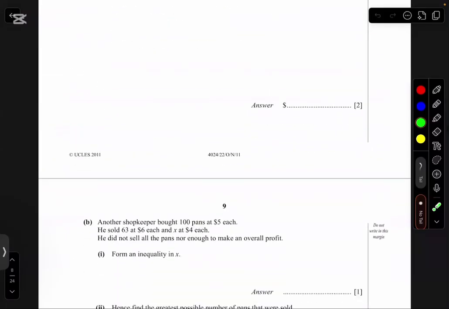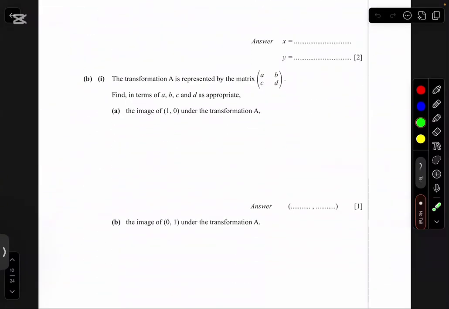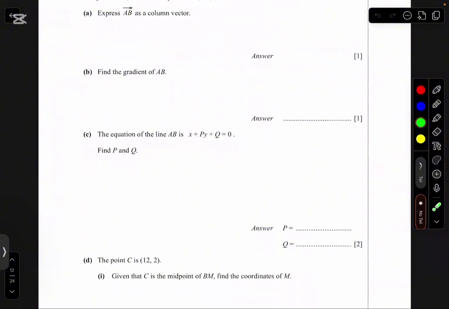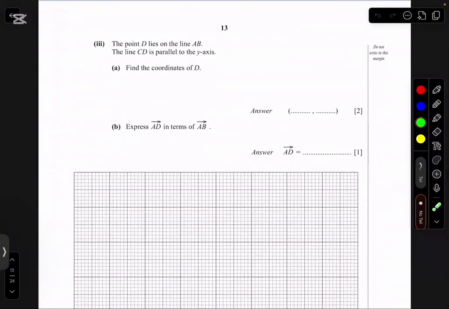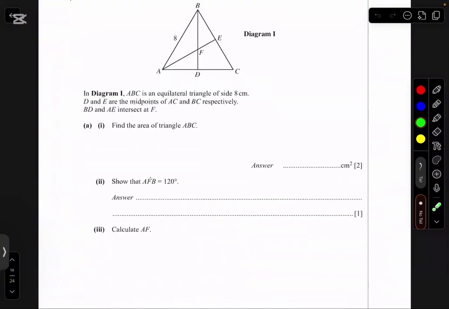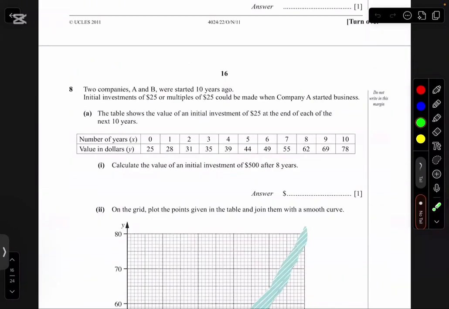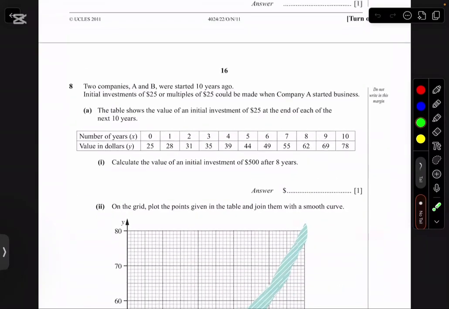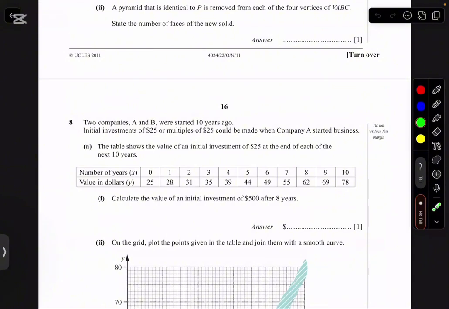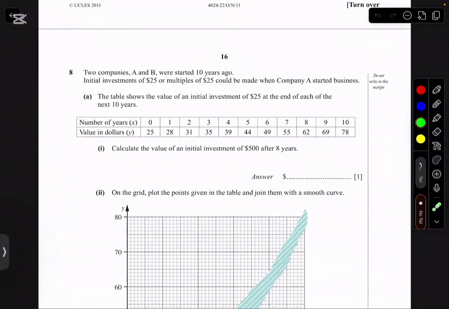It's a heavy, conceptual question, so I would really like everyone to pay attention to solve this one. This is from winter 2011, paper 2-2, question number 8.